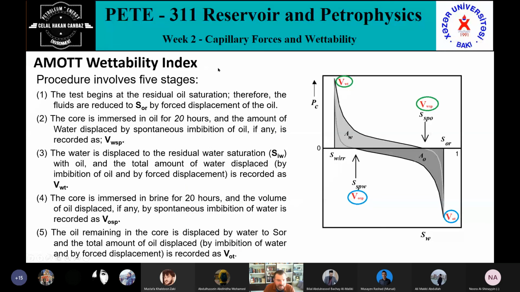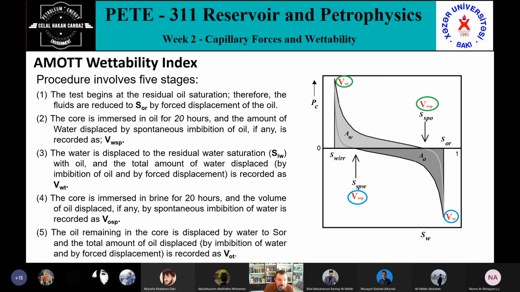For the Amott wettability index, the procedure involves 5 different stages. First of all, I start my test at the residual oil saturation, so the fluids are reduced to the SOR value. I start the forced displacement of oil, up to irreducible water saturation, right?